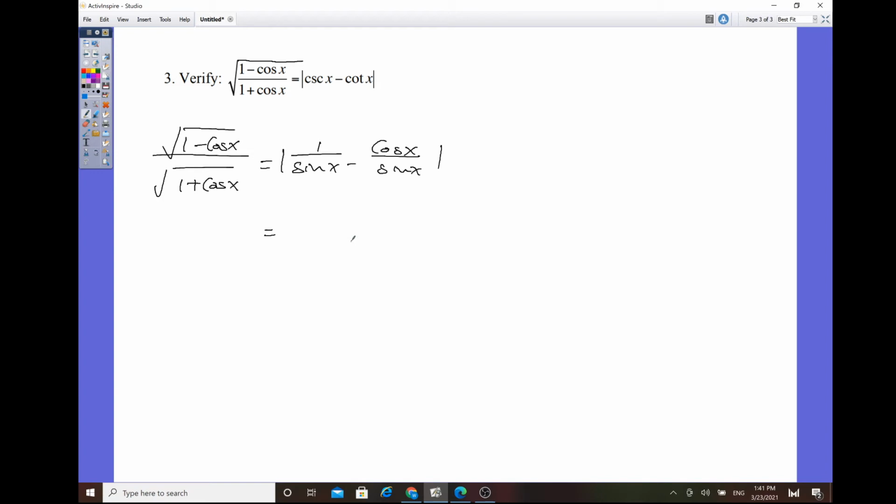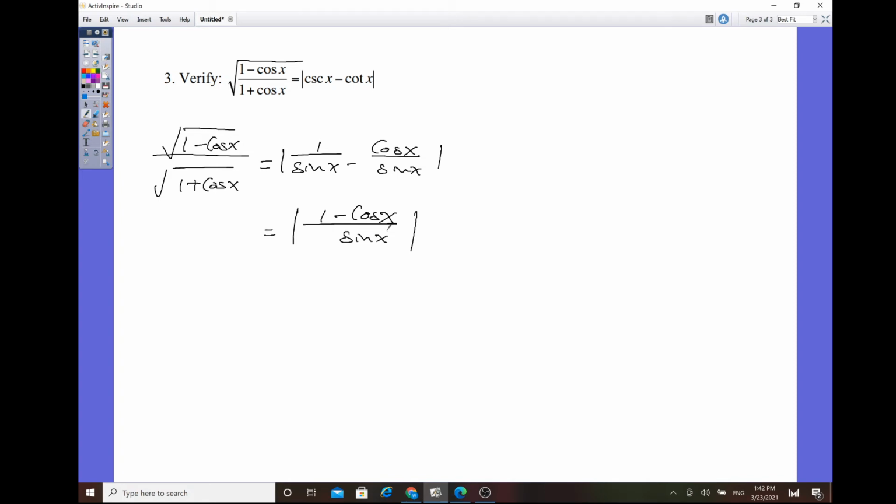Again, we need to verify, so try to simplify both sides. On the right-hand side, this is the absolute value of 1 minus cosine of x over sine of x, making sure this is all positive. Nothing we can do, so just keep it that way.